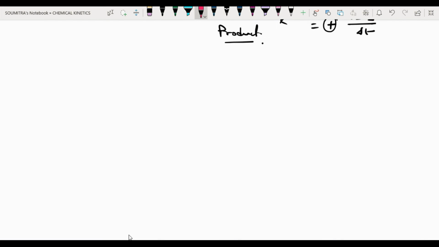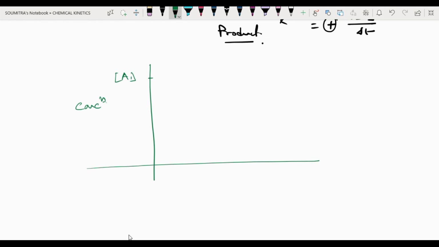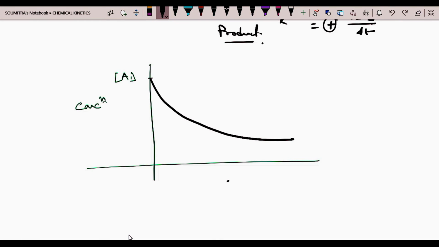Now see, if we plot a graph of concentration versus time for reactant and product, this is the concentration, and initially A was A initial, and with respect to time the concentration of reactant decreases.